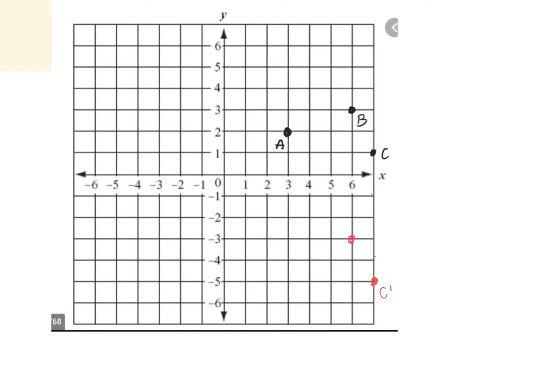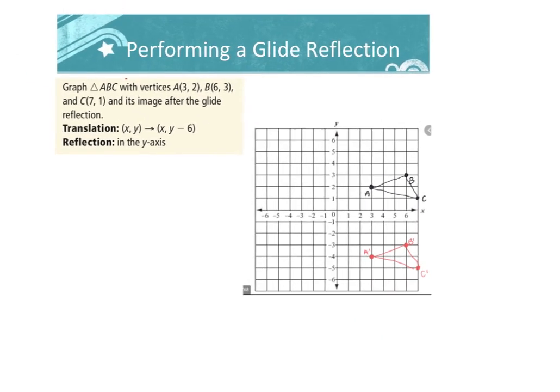This is going to be our B prime. And our A is going to be 1, 2, 3, 4, 5, 6 units down. This is going to be our A prime. If we were to draw both of these figures, they should look exactly the same if we did everything the right way. Beautiful. All right, they look good.